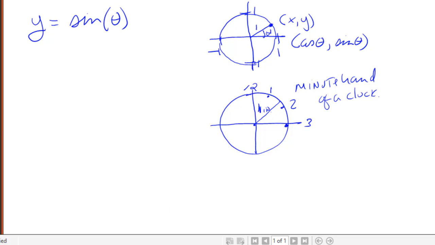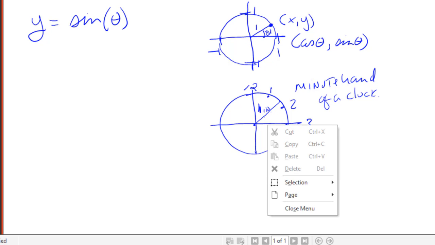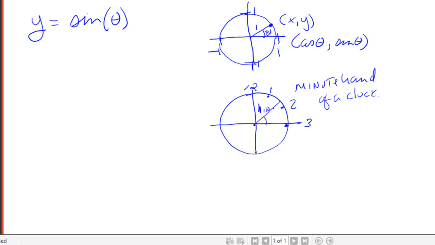Now you'll notice I call this theta, but instead I'm going to call this angle, an angle I form, x. I'll draw it just in this format for a moment. Not necessarily in standard position, by the way. I just drew this right now in standard position, but you'll see in a second I'm going to alter that.